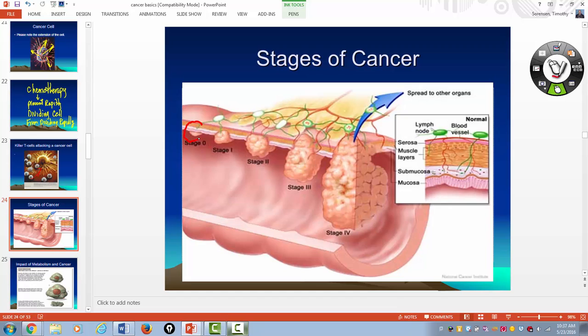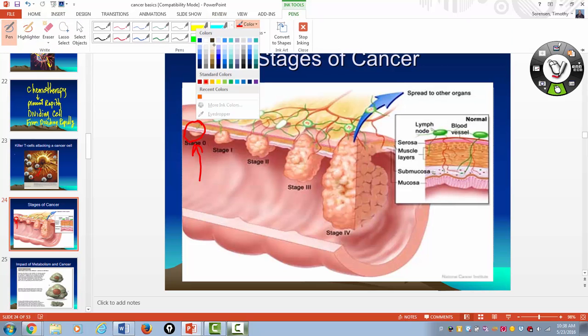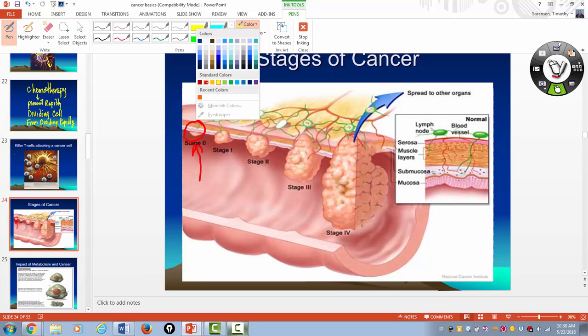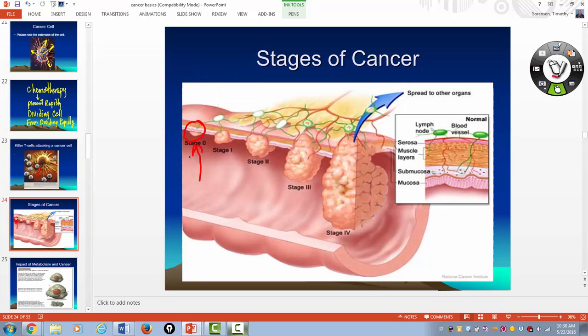In stage 0, you have cancer cells, but they are isolated to that particular tissue type. So it's the early stage of cancer, and it's isolated to a particular tissue.